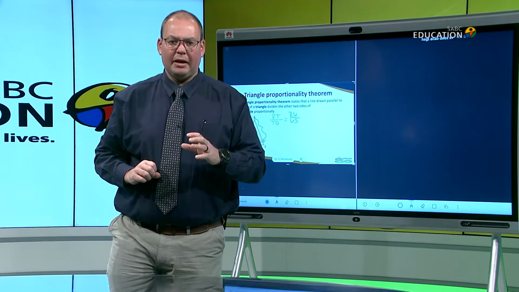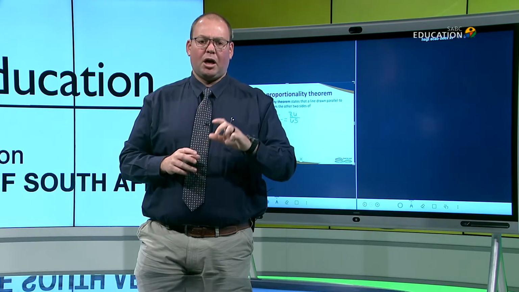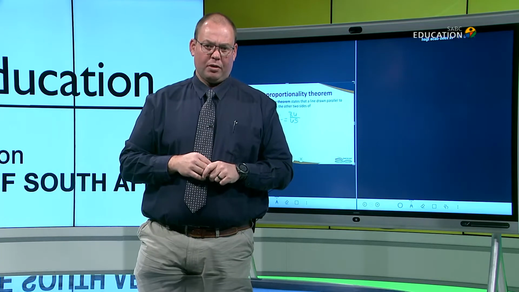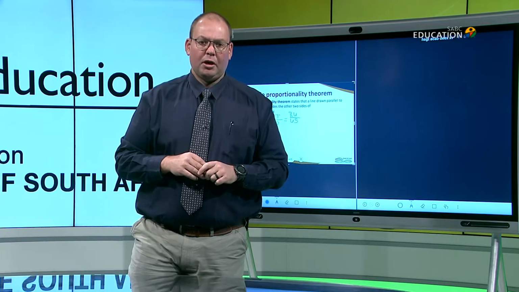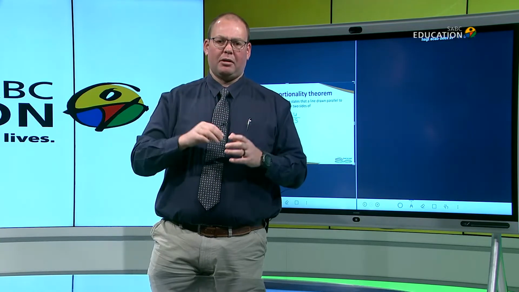With similarity, there are three pairs of sides that are divided into the same ratio. With proportionality, only two of the sides are divided into proportion with respect to each other. Also, with similarity we use two different triangles, and we use the full length of both triangles as sides.